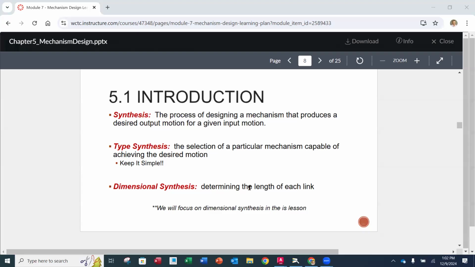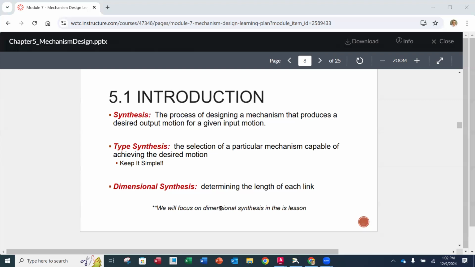So figuring out what type of mechanism design or synthesis is what you're going to do very early on. In some cases, you may consider a couple of them. So for instance, you might try to determine, am I going to use belts or am I going to use chains? They are similar in operation and in flexibility, but one might be suited better than the other, or you might design for both of them and then consider what the better outcome is going to be, okay?